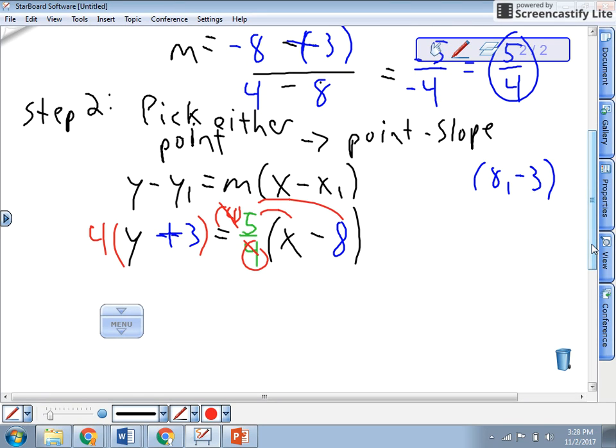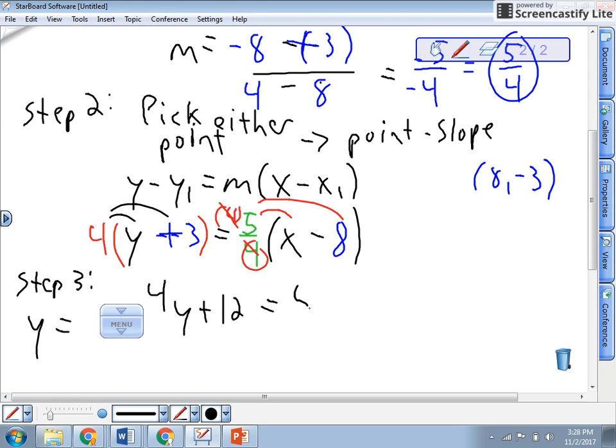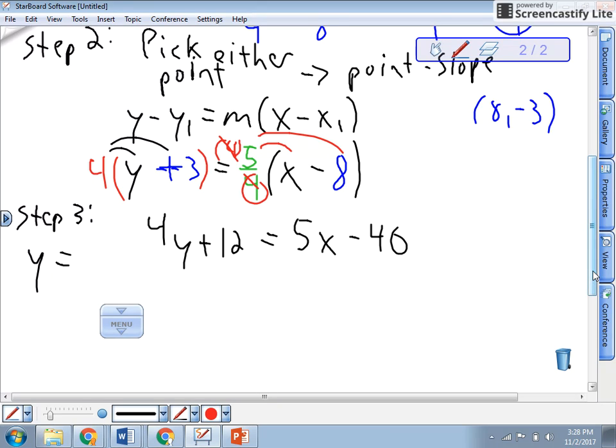Okay, so once we've got it in point slope form, our final step then is just solve for y. So my third step, step 3, is just getting y by itself, getting that form y equals. And that's what I'm doing here. So 4y plus 12 equals, now distribute this, 5x minus 40. Subtract 12. Subtract 12.